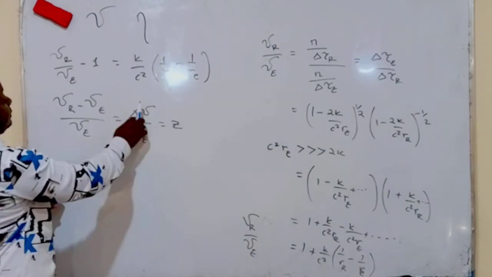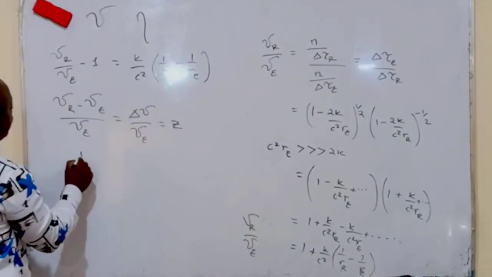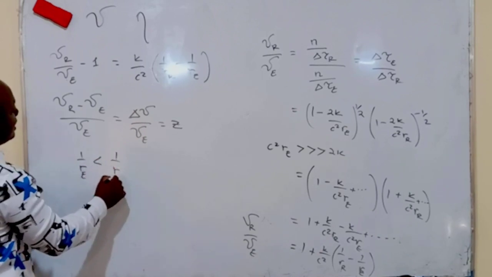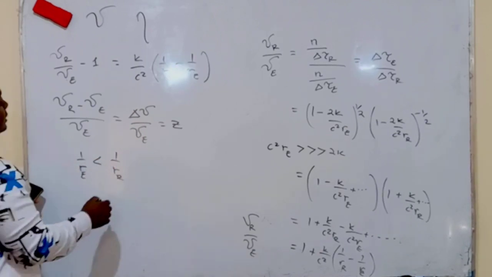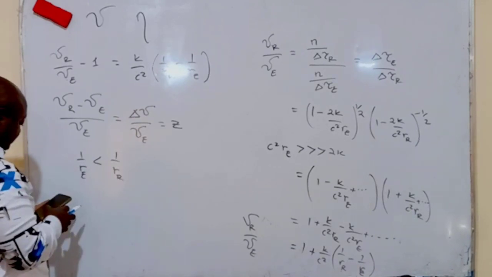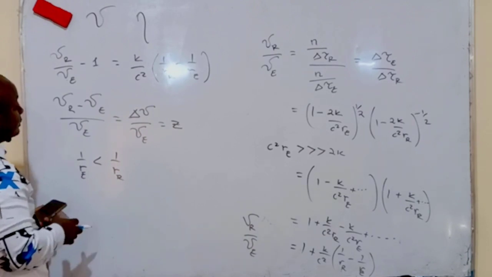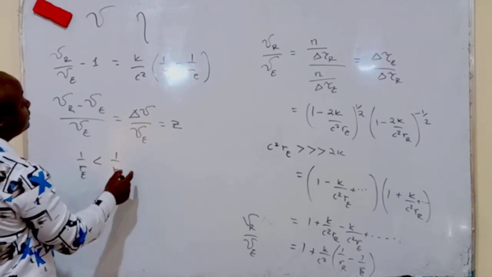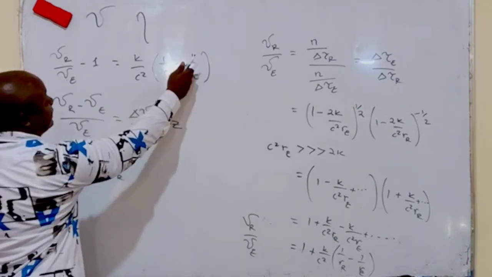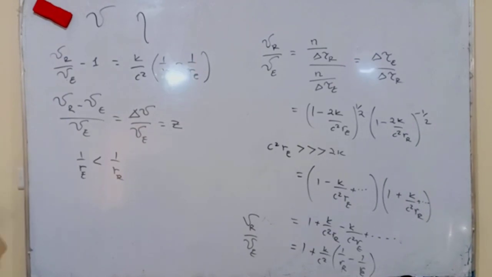Because this is greater than this, so once you minus it, you have a number greater than 0.